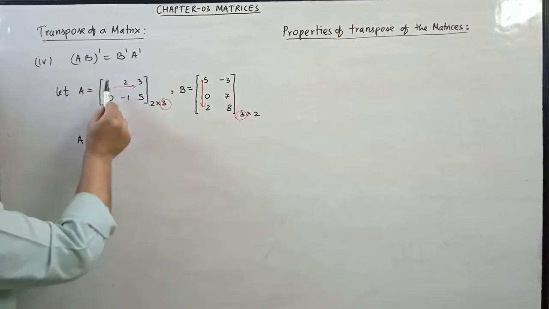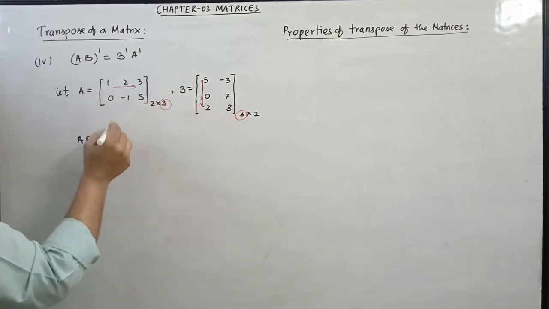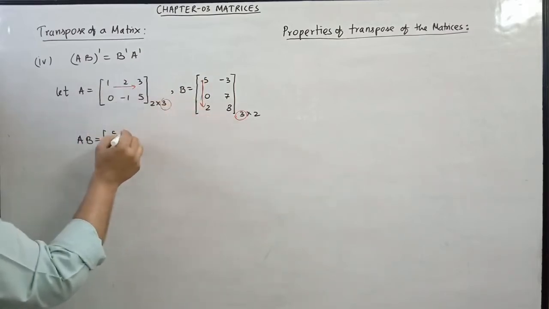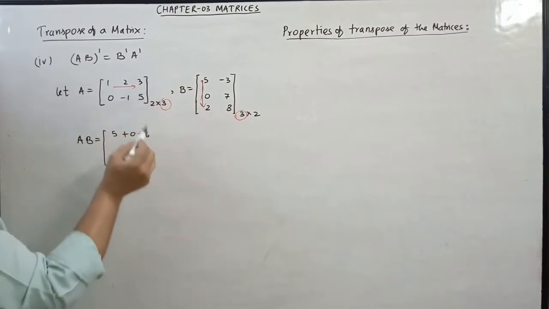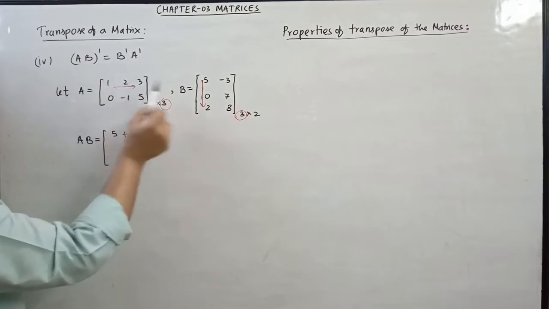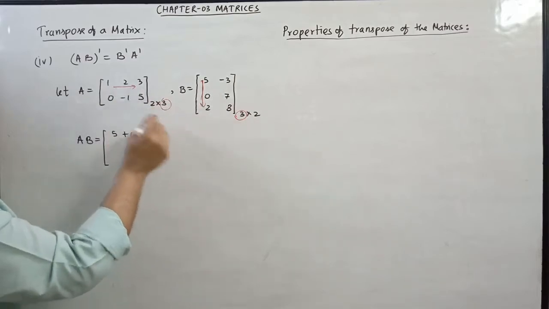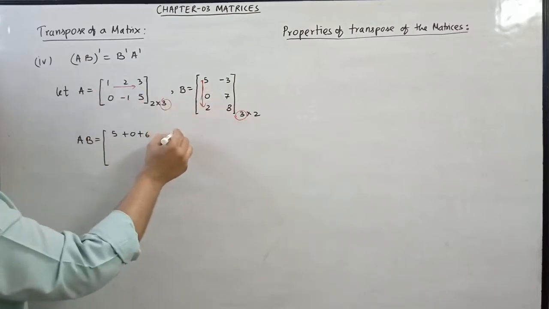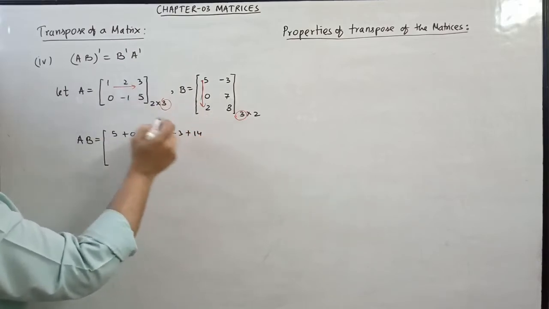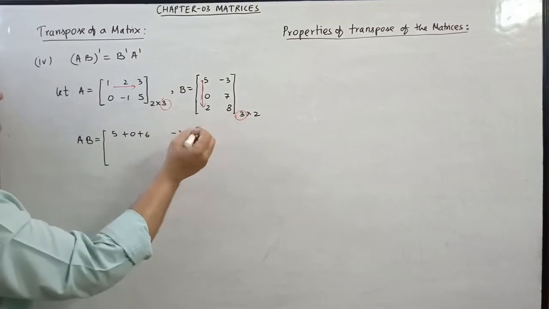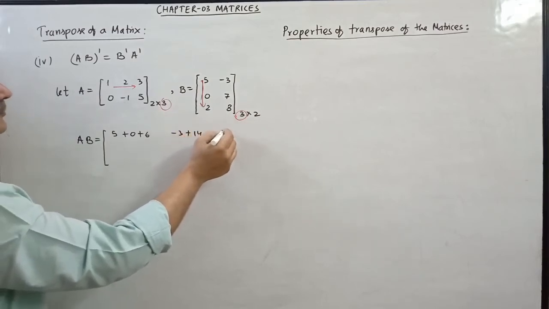So 1 is multiplied by 5, you are getting 5. 2 is multiplied by 0, you are getting 0. 3 multiplied by 2, you are getting 6. Okay, then you have to multiply this first row with second column here. So 1 multiplied by minus 3, you are getting minus 3. 2 multiplied to 7, we are getting 14. And 3 multiplied to 8, we are getting 24.